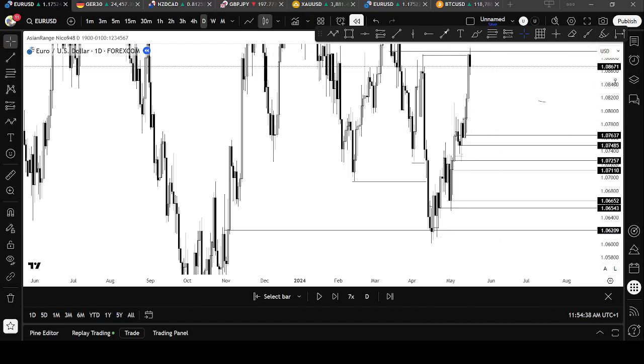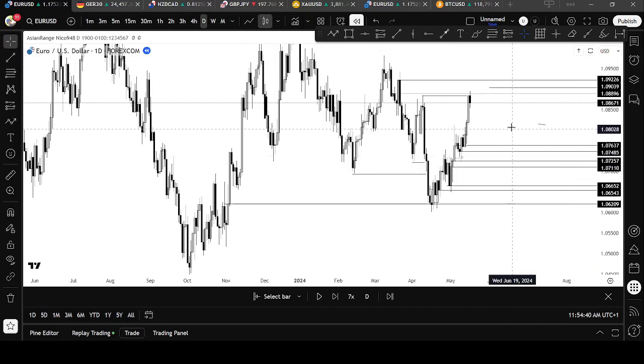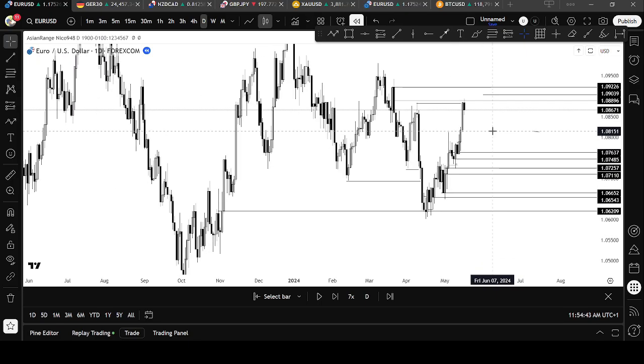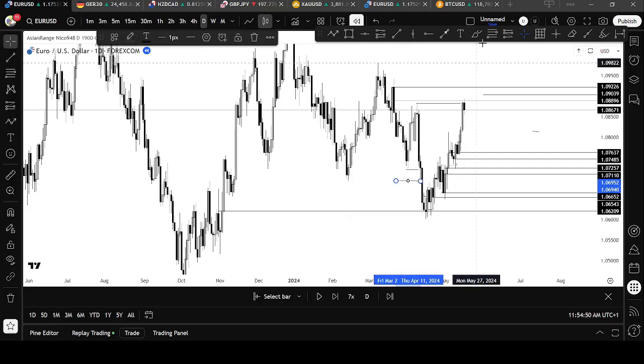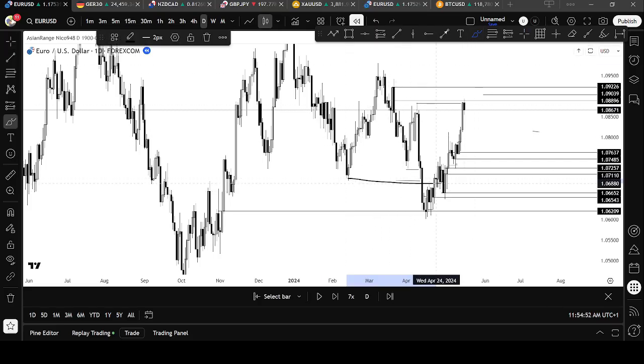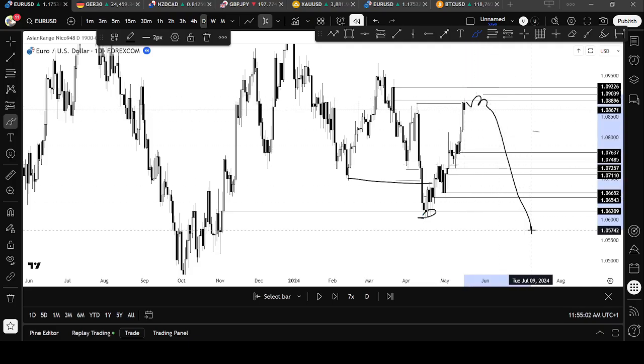Now when you combine all this with your structure, it will give you a particular direction. For example, this is a break of structure here. This is a break of structure here. Now a storyline started here. When you now see a new storyline starts here, that is a confirmation that price is now going down, right? Any sell that you are taking from here, you target this place, or you target any of this liquidity.